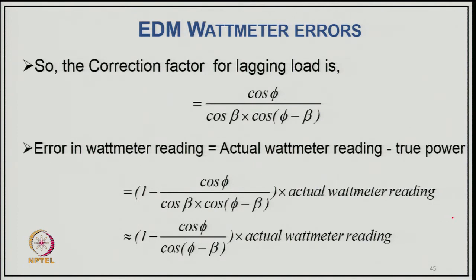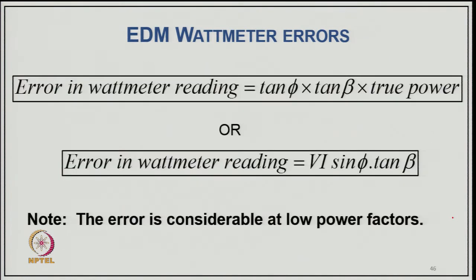So, that will be 1 minus cos phi divided by cos beta into cos (phi minus beta), into the actual wattmeter reading, and that will be approximately 1 minus cos phi upon cos (phi minus beta) into the actual wattmeter reading. So, the error in the wattmeter reading will be tan phi into tan beta into the true power, or we can say the error in the wattmeter will be equal to V I sin phi into tan beta. Note this error is considerable at low power factor.